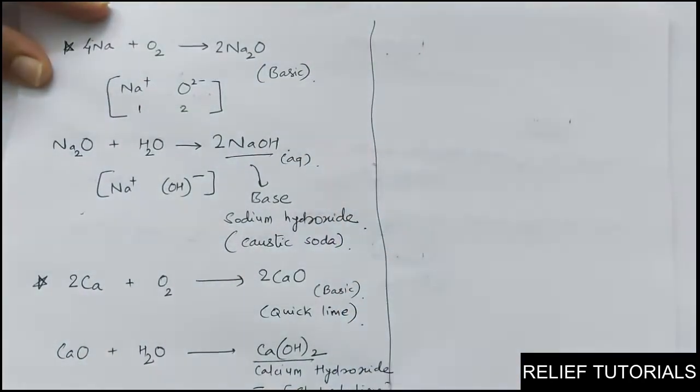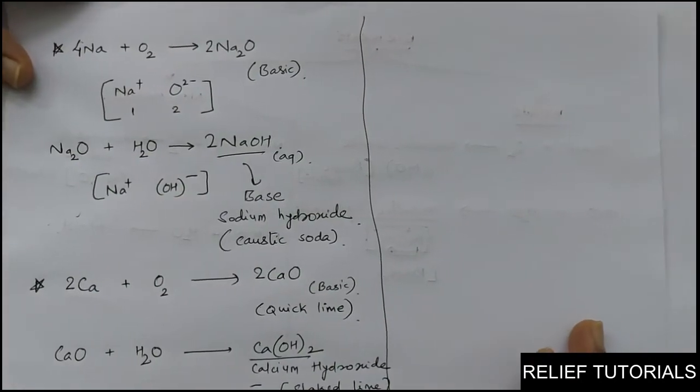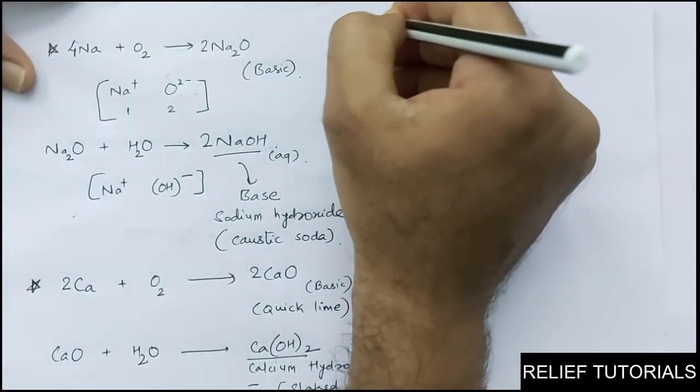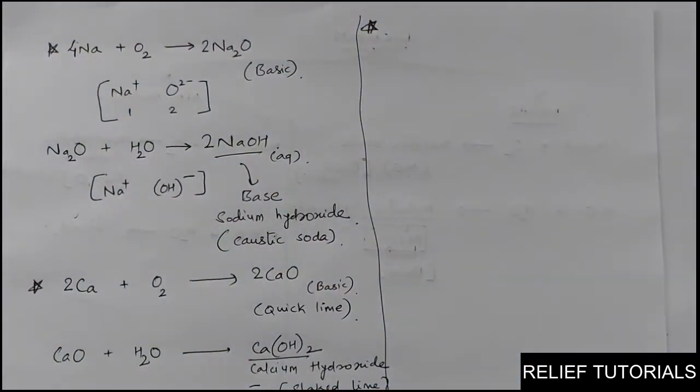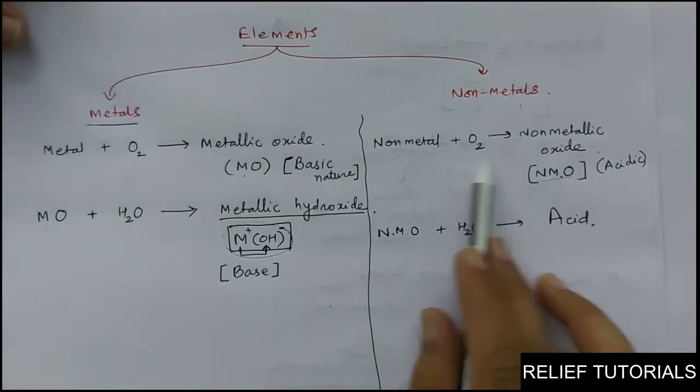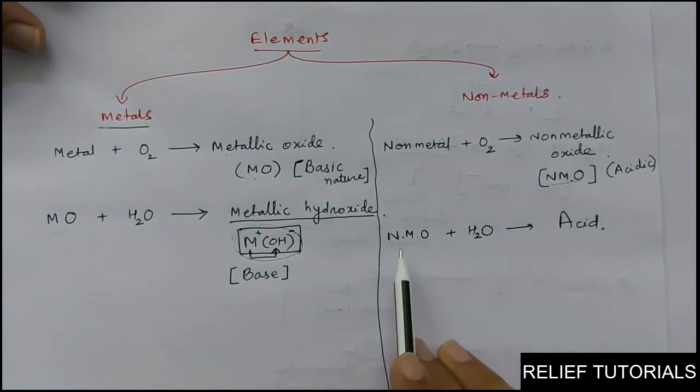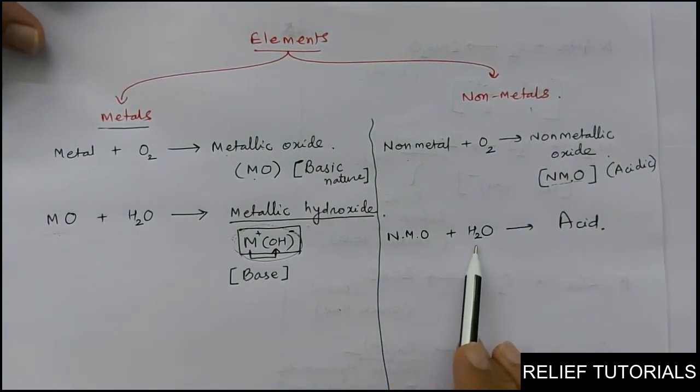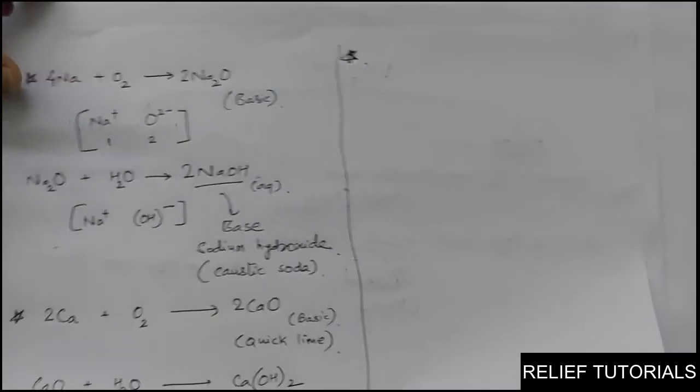Let's form some acids. Acids are formed from non-metals. When a non-metal first reacts with oxygen, it forms a non-metallic oxide. Then the non-metallic oxide is dissolved in water to form an acid. Let us take some simple examples.